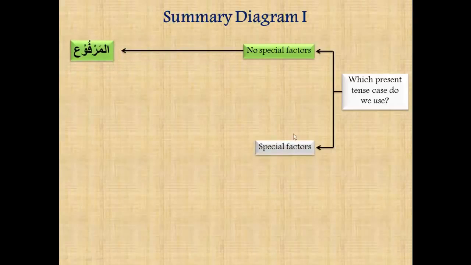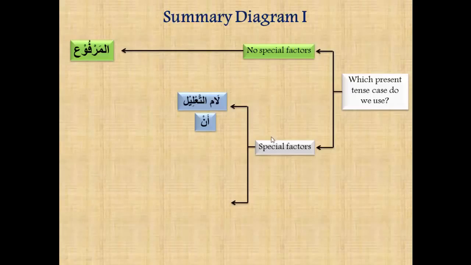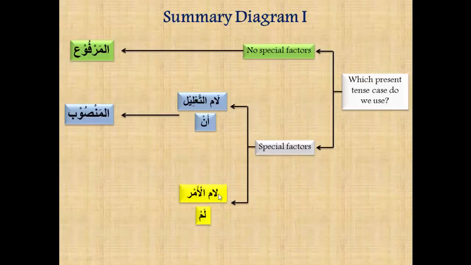If we do have special factors present, we must look at the factor and decide what is it. So if it's lam ta'lil or an or any nawasib, then we have to use the mansub. If the special factor is a jawazim, such as lam or lam al-amr, then we have to use the majzoom. Very, very simple flowchart. This allows us to figure out exactly which case ending to use.